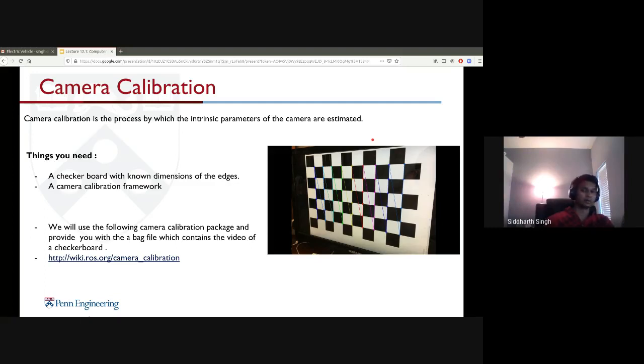So you need to calibrate that, right? Essentially, if the logistics allow, we will use a checkerboard, something like this. Is there anyone who has done camera calibration before properly, or is everybody unfamiliar with it?